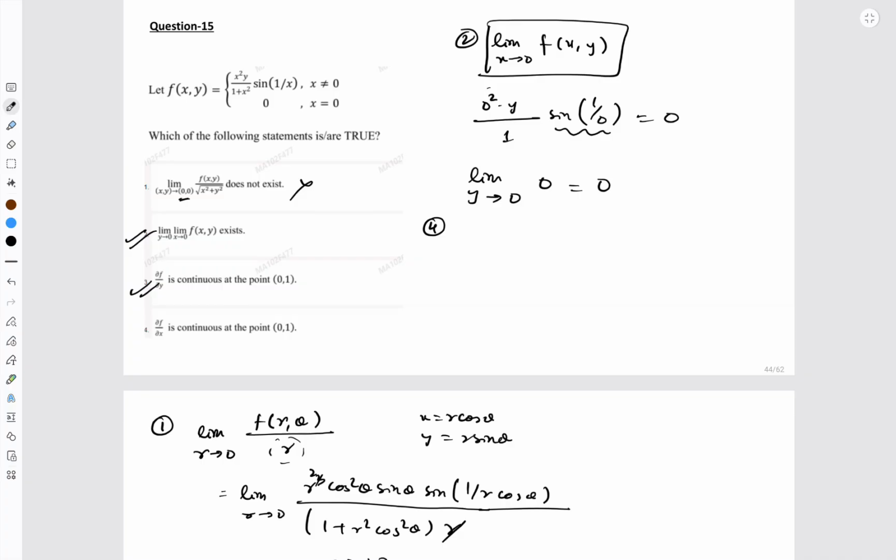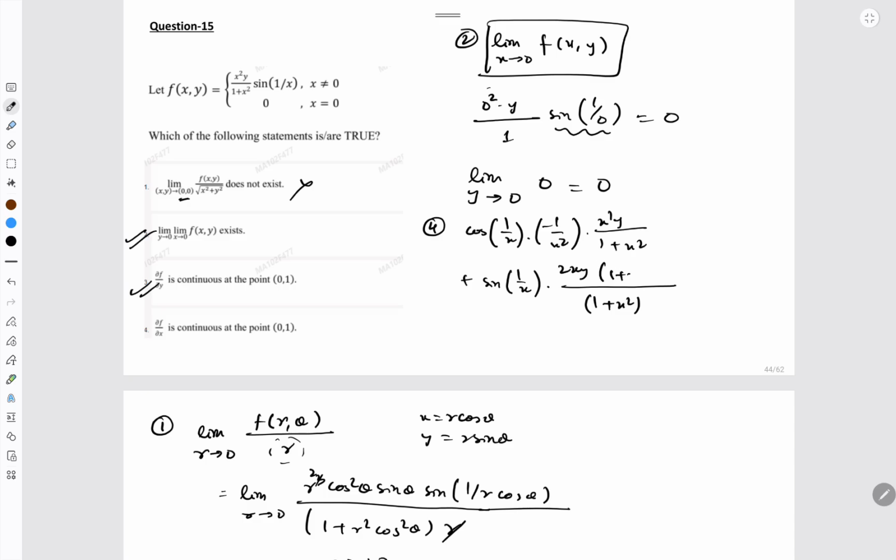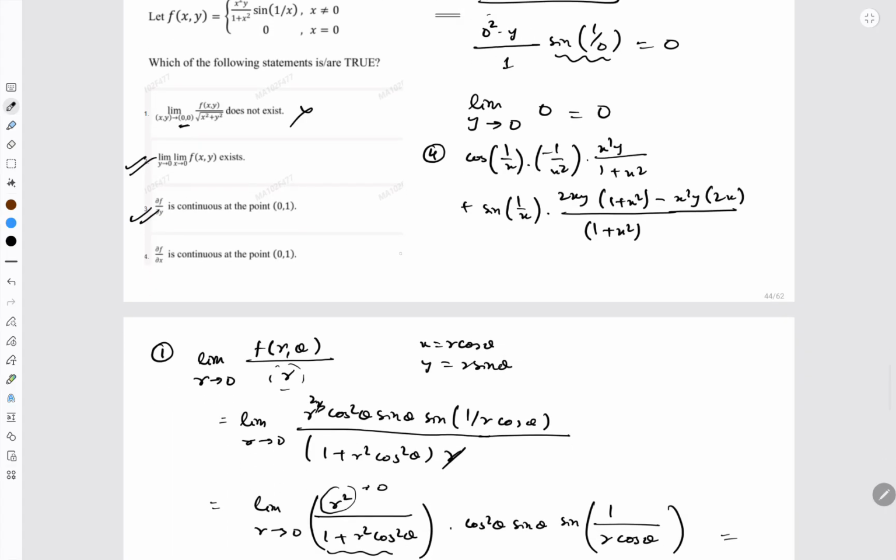So sine 1 by x derivative is cos 1 by x times minus 1 by x square, and the second term x square y by 1 plus x square, plus second term constant, first term's derivative, so 1 plus x square, derivative of x square y is 2xy, minus x square y into derivative of 1 plus x square, which is 2x. Now if I write it, I can cancel this thing out. So minus y over 1 plus x square, cos 1 by x.